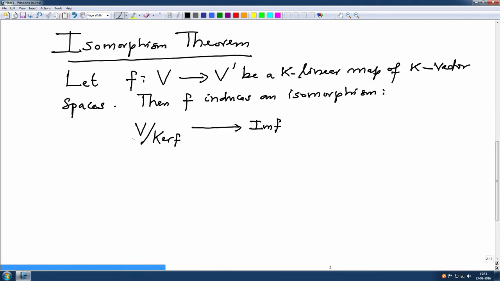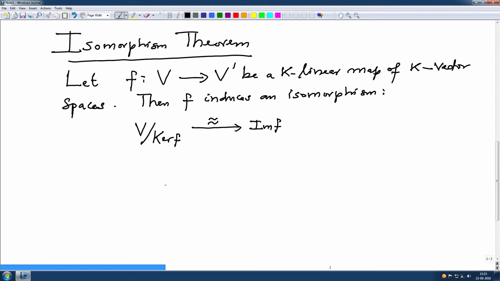Remember, we have defined a quotient space of V modulo a subspace. Kernel is a subspace of V and this image is a subspace of V prime. So, we have gone mod the kernel. So, this is an isomorphism, and how do I apply the homomorphism theorem?